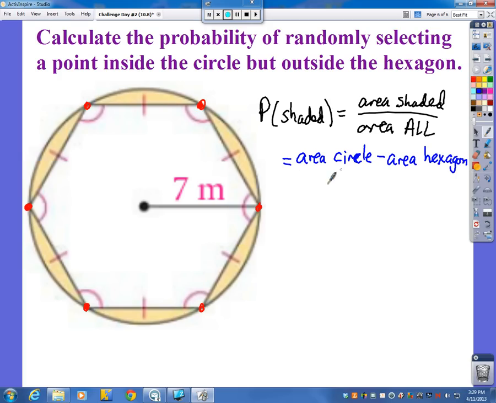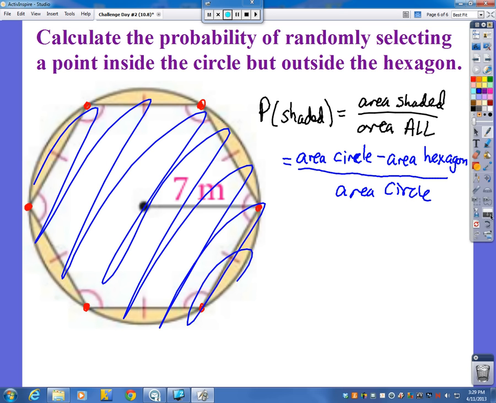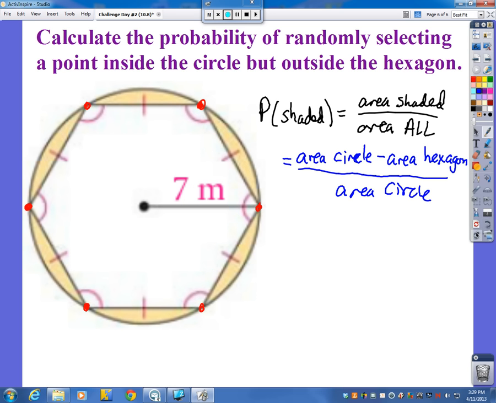We don't want the hexagon. And the whole thing is really just the circle. Yes, there is a hexagon in it, but technically the area of the whole thing here is the circle itself. So the circle includes the hexagon, if you will. So we don't need to include it in addition to the circle.